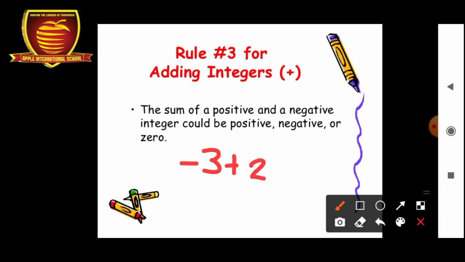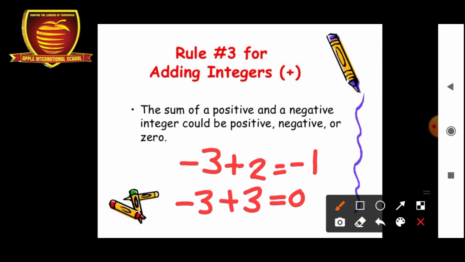If we find the sum of these two, the answer is -1. That is a negative integer. Next is -3 plus 3. Again, -3 is negative and 3 is a positive integer. So when we add, the answer is 0.